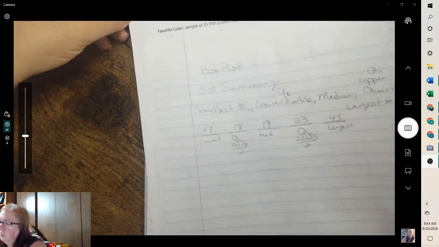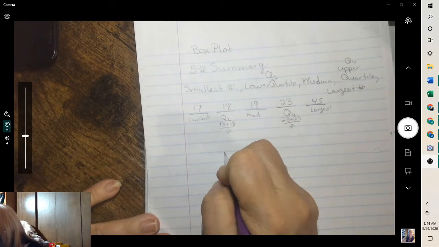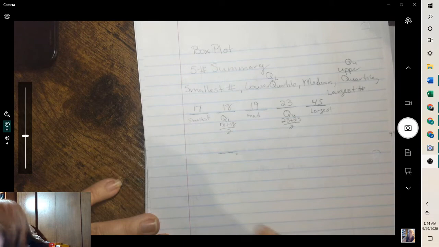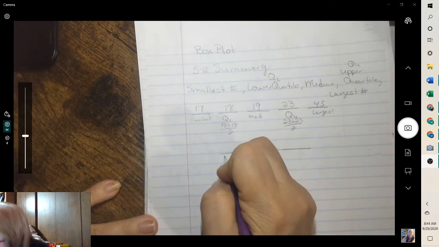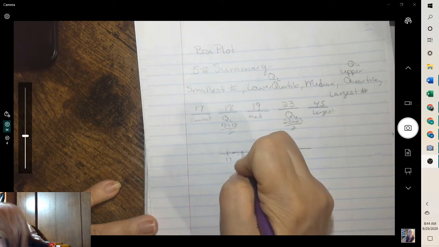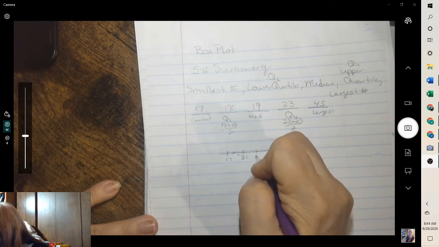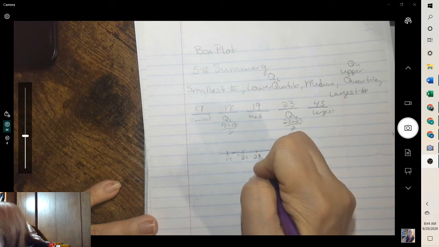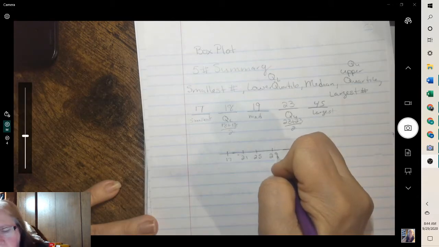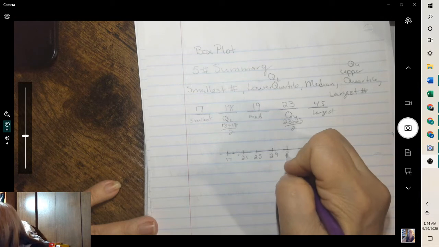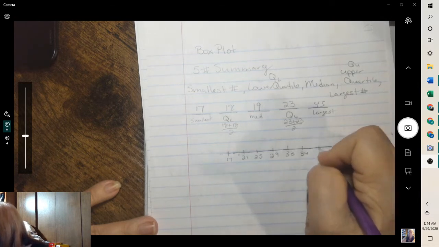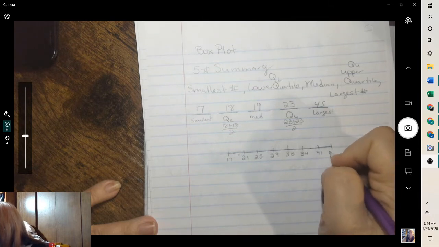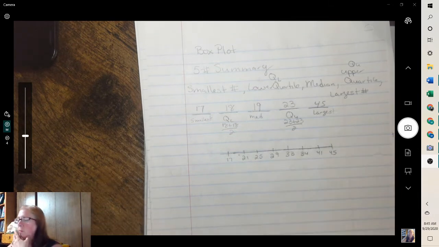Now what you do is you take the number line, which would be given on a test. I started with 17 and counted by 4s.